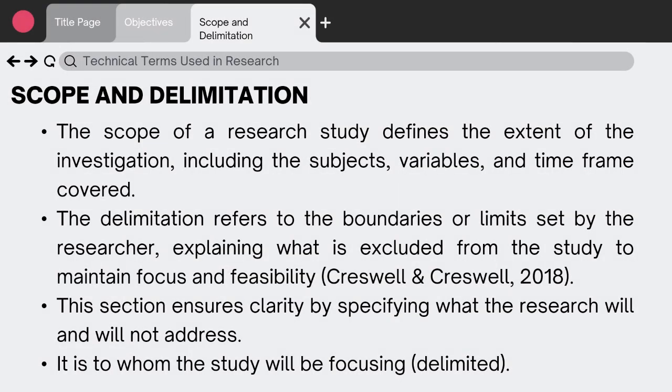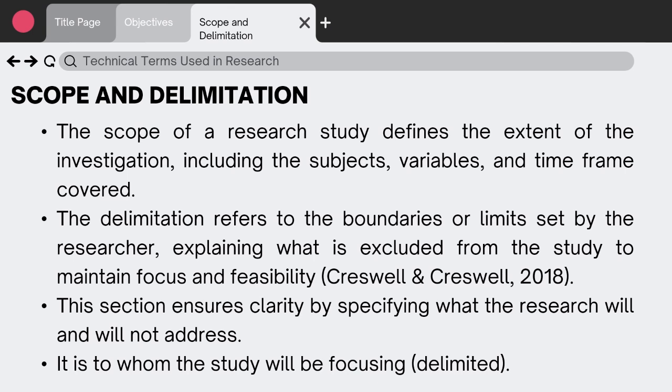Next we have the scope and the limitation. The scope of a research study defines the extent of the investigation, including the subjects, variables, and time frame covered. The delimitation refers to the boundaries or limits set by the researcher, explaining what is excluded from the study to maintain focus and feasibility.